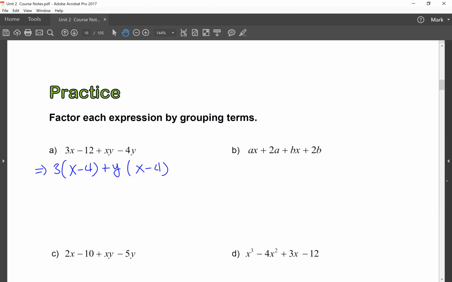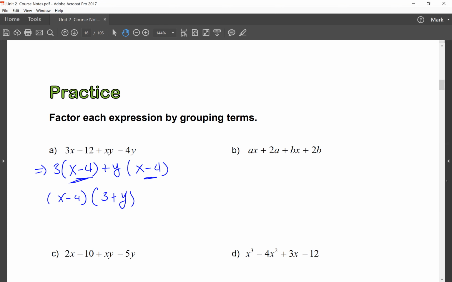I kind of wish I could change my pen color a little quicker, because I would like to write these x minus 4s as a different color. That's my first monomial or binomial to give me this expression. My second term is what's left over, and it's just 3 plus y.